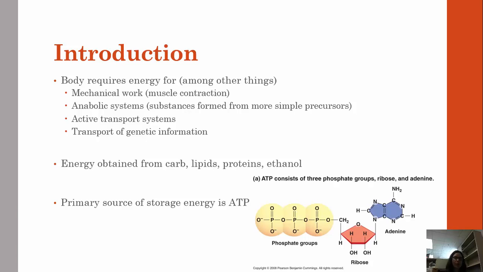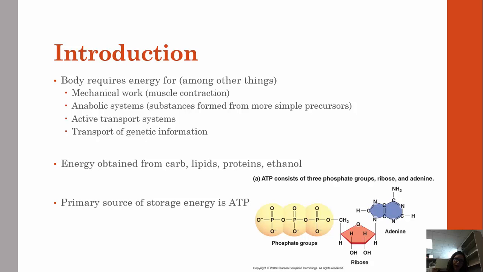Okay, so the body requires energy for nearly everything we do. We need it for mechanical work like running or writing. We need it for anabolic systems, such as forming more complex molecules from simple precursors, such as immune cells, for example. We need it for active transport systems.